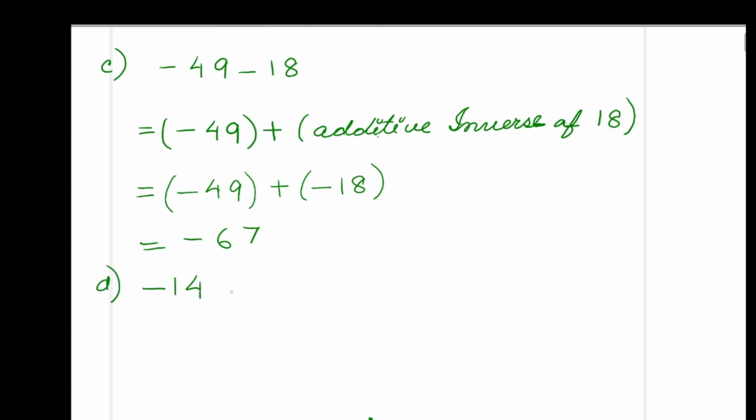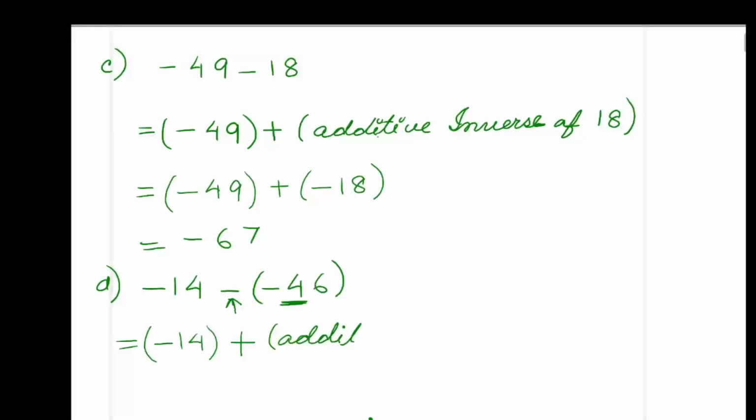Okay. One more last example. Suppose minus 14 minus minus 46. Now see, minus 14 is added with additive inverse of minus 46. Why additive inverse? Because here the negative symbol is there. So additive inverse of minus 46.